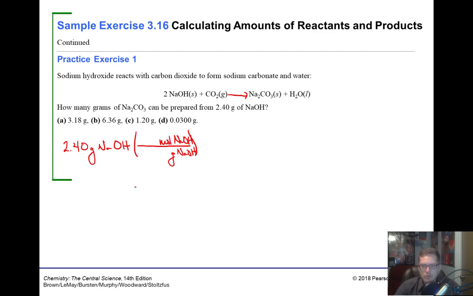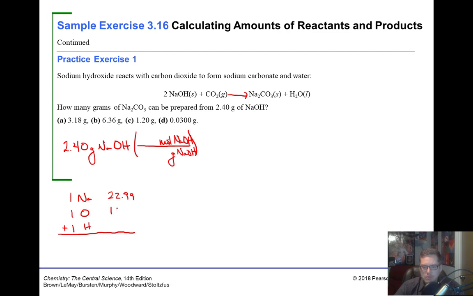Now we need the molar mass of sodium hydroxide. Sodium hydroxide has one sodium, one oxygen, and one hydrogen, and we have to add those up. According to my periodic table, sodium is 22.99.